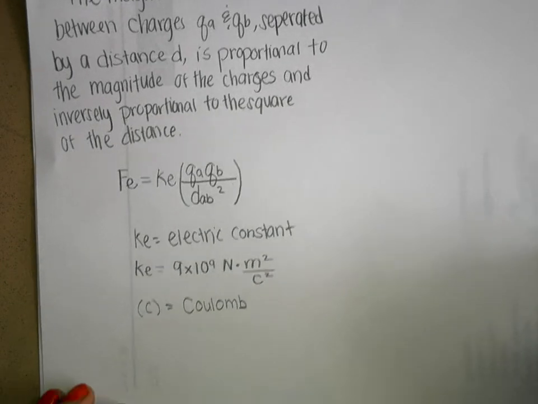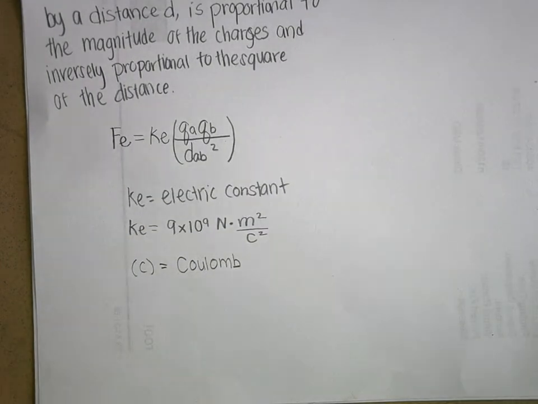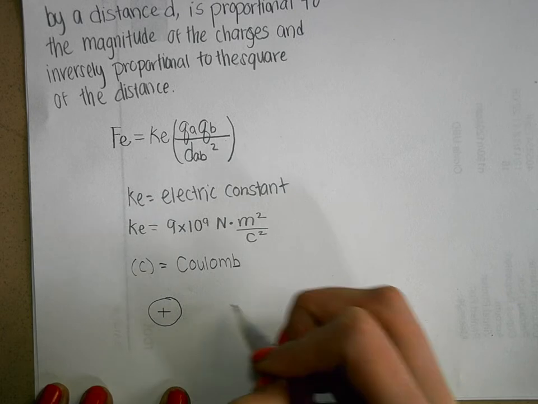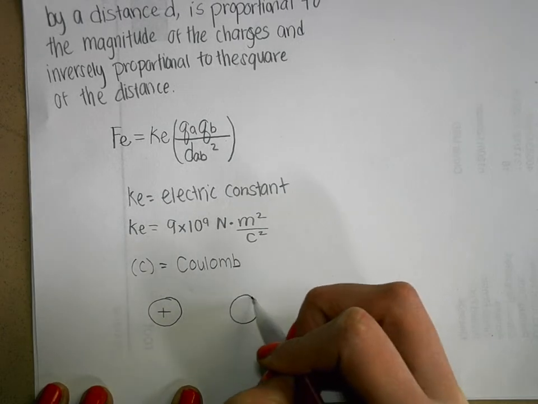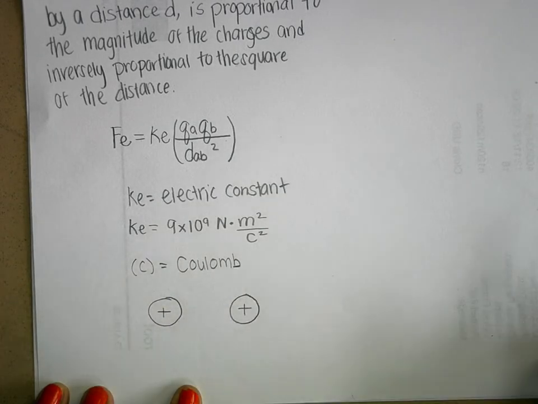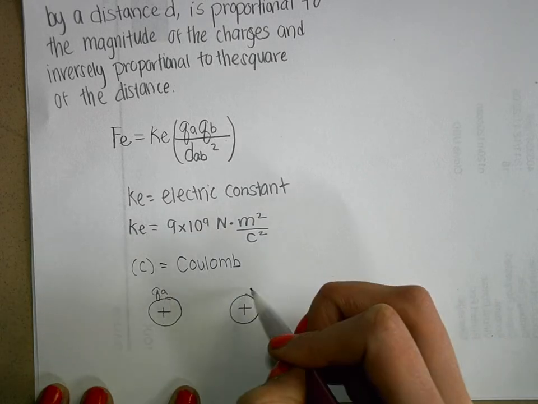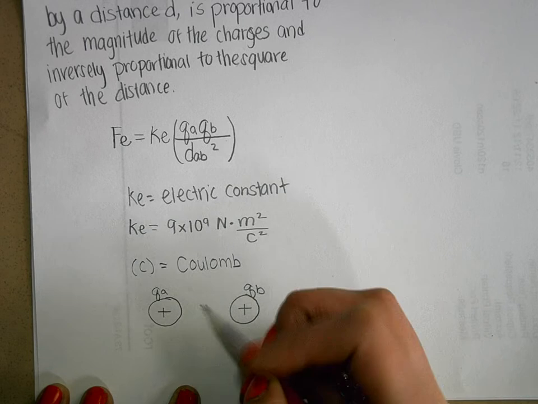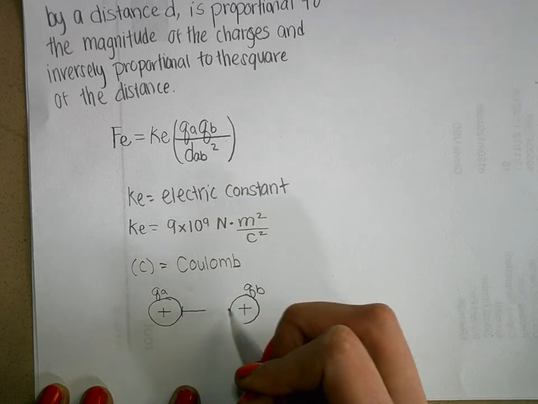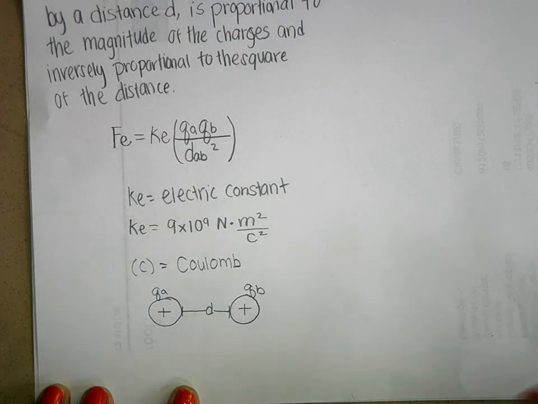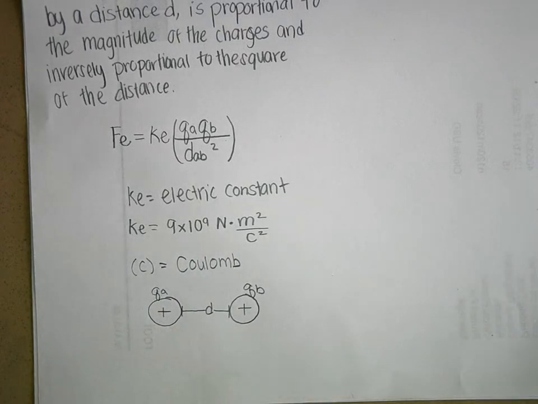So I'm going to draw 2 pictures for you. You're going to be using these on your homework, or you should use them. So we learned, or you should know from chemistry, that if you have similar charges, they're going to repel. So here I have 2 positive charges. So I'll label this one charge A. This one is going to be charge B. And there's a distance between them. It's labeled D. So they're repelling. They're applying a force on each other.